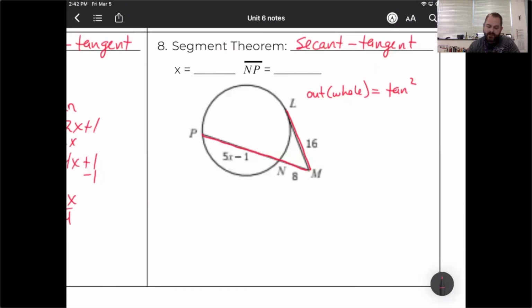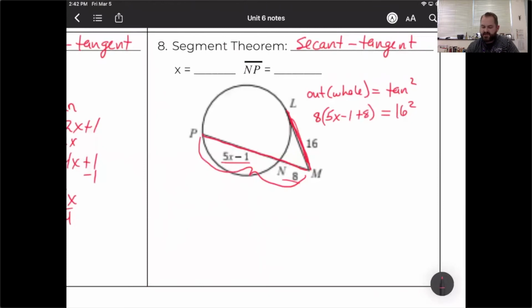All right. So the outside part of the secant is 8. The whole thing for the secant, we're going to add those together. So it's 5x minus 1 plus 8. That equals the tangent segment, this entire outside part, squared.